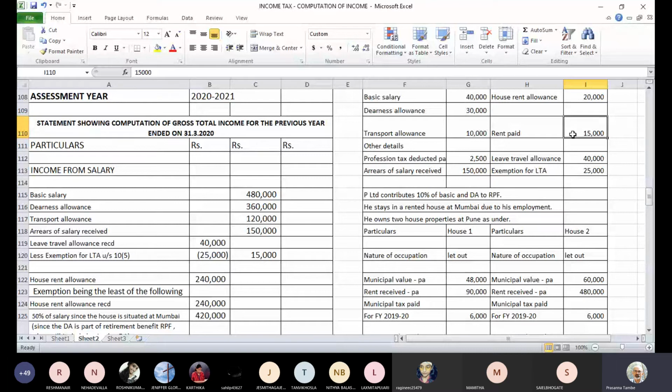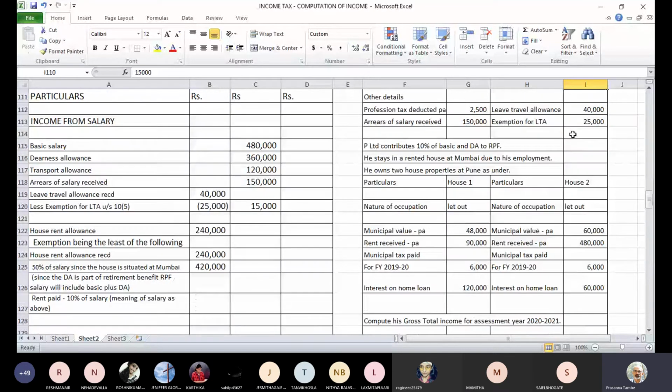That is your rent paid, minus 10% of salary. Salary is basic and DA, so 10% of basic and DA.